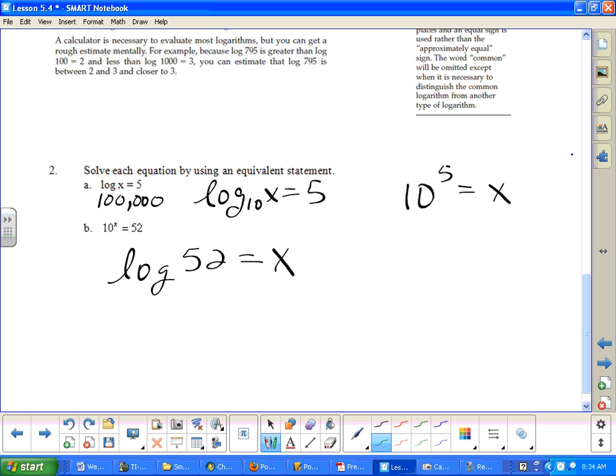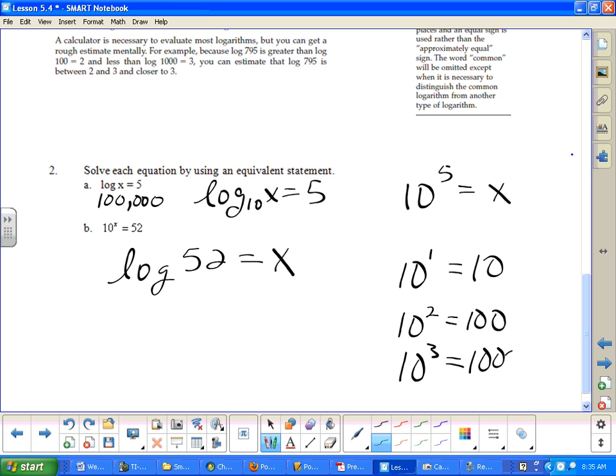This is base 10, right? 10 to the 1st power is 10. 10 squared is 100. 10 cubed is 1,000. So this says log of 52. 52 is between which 2 numbers there?